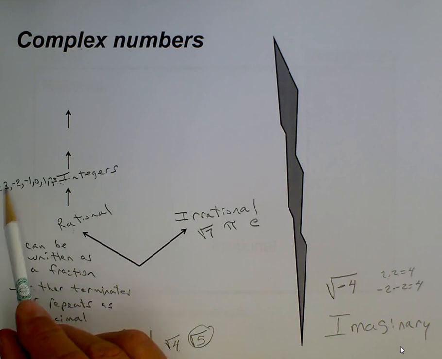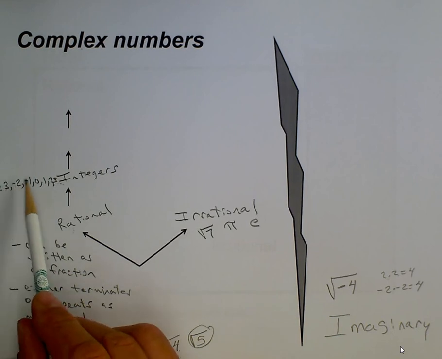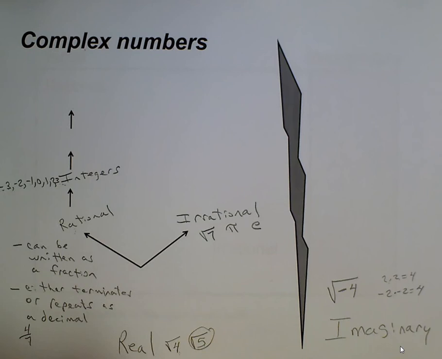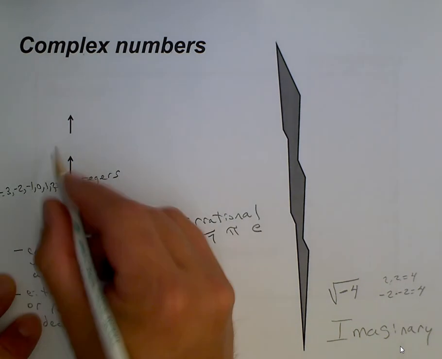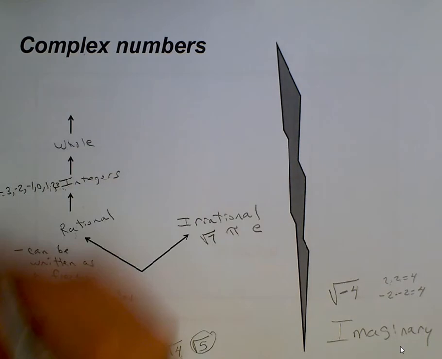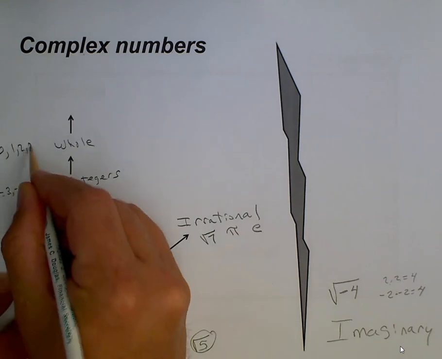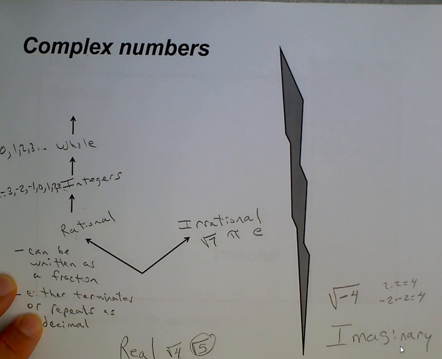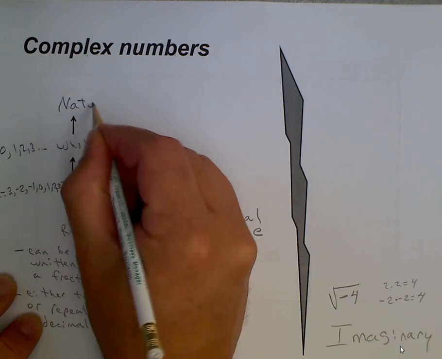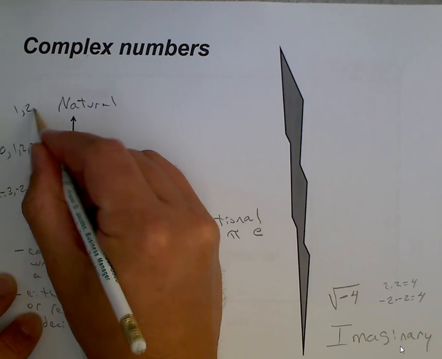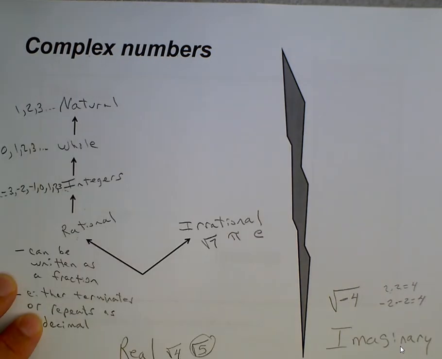Just these nice, solid numbers. If we then get rid of the negative numbers, those are categorized as whole numbers. So the whole numbers are 0, 1, 2, 3, etc. And then if we throw 0 away, we get the natural numbers, which are 1, 2, 3, etc. So that's how the numbers are divided out.